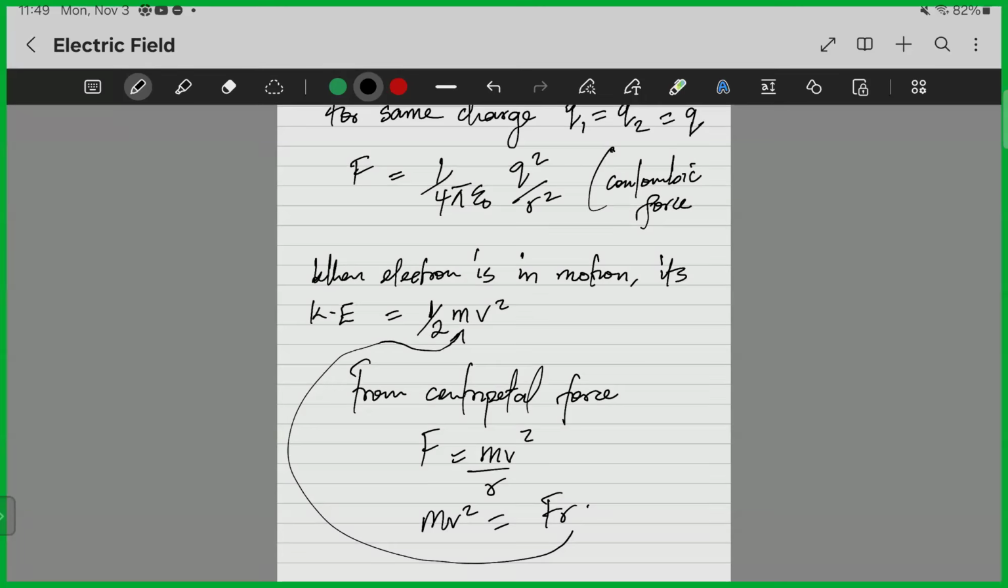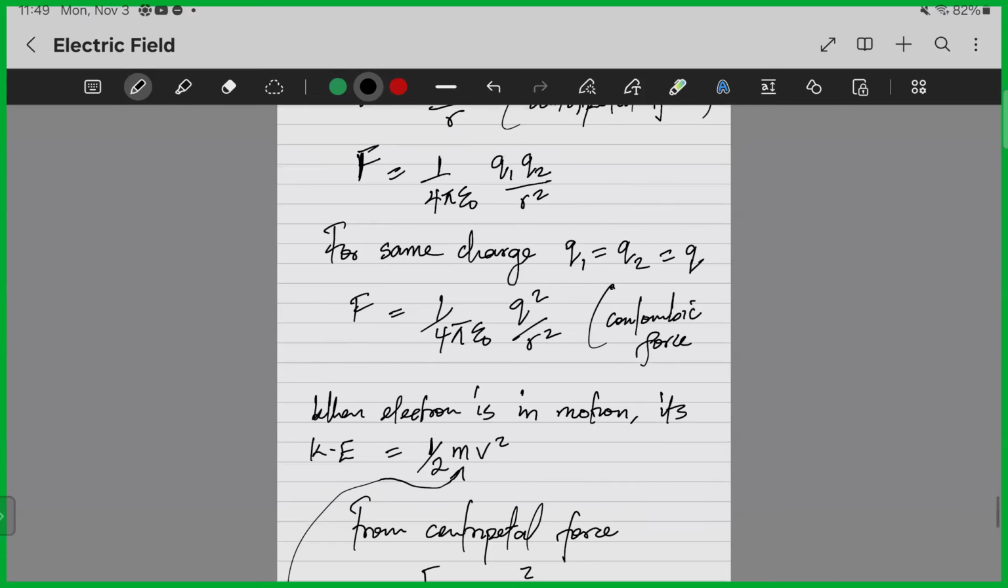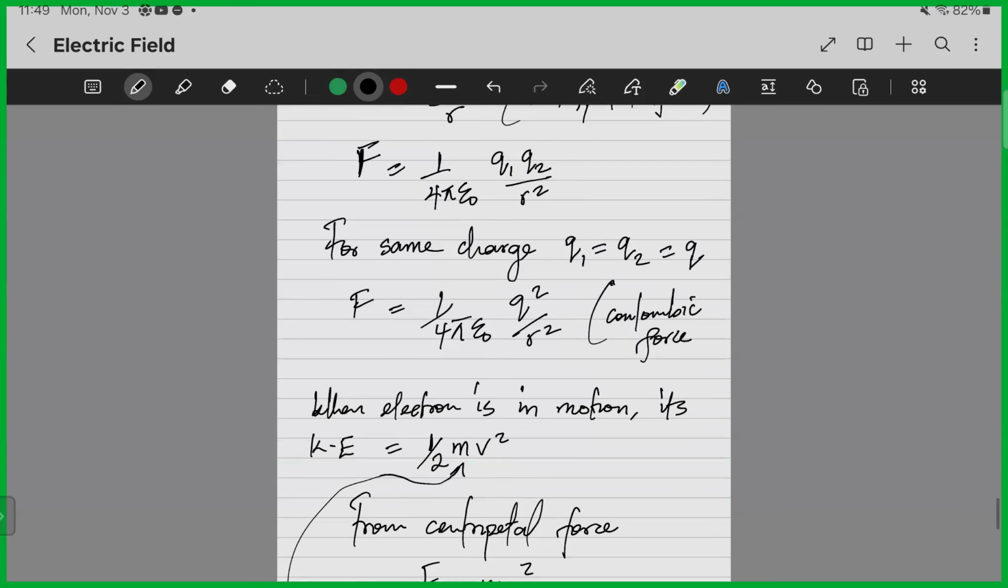Yes, I equated them and I put mv square back into this. So I'm going to do the same thing here. I just wanted to make sure I'm doing the same thing.